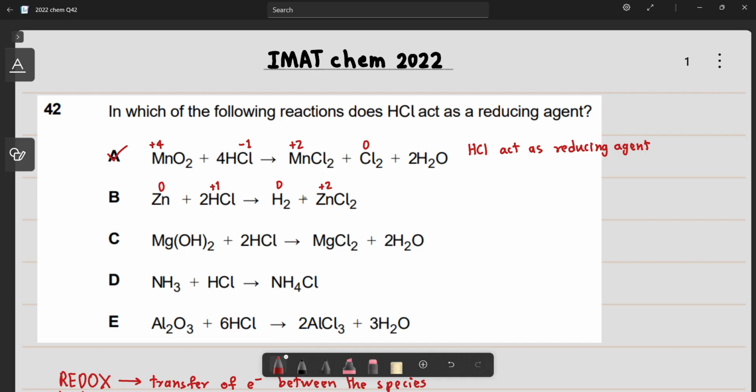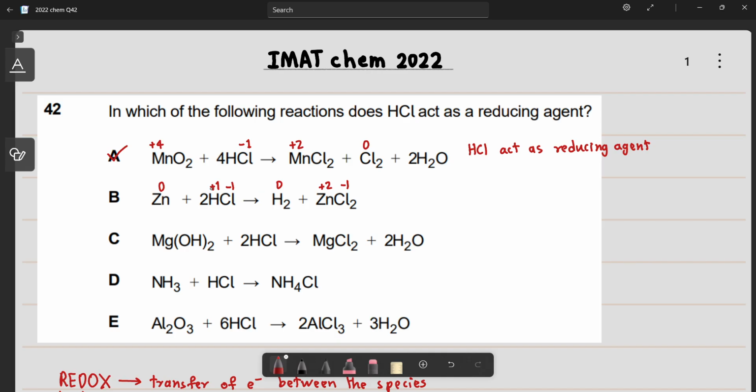Now you may think, why did I choose hydrogen over here instead of the chlorine atom, when in the previous reaction I chose the chlorine atom? This is because there are different scenarios where you have to switch. Over here I know the chlorine atom is -1, and it's going to be -1 on the other side too. But here there's another element in this compound, which is hydrogen.